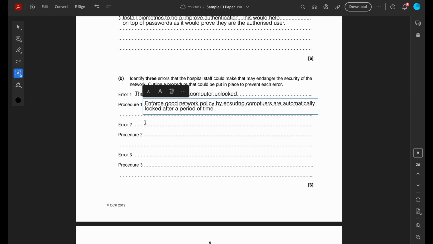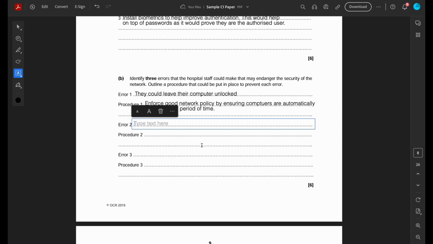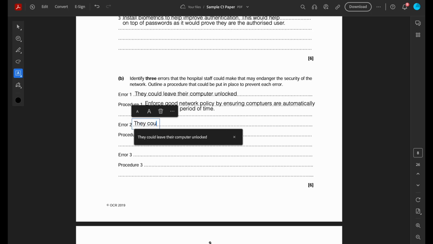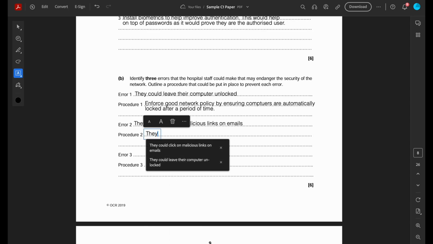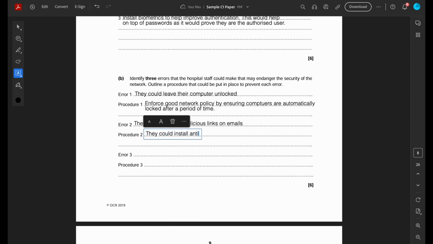What else could they do? Well, they could get spyware installed, so they could click on malicious links in emails. What could they do? They could install anti-spam filters to try and stop malicious emails getting through.